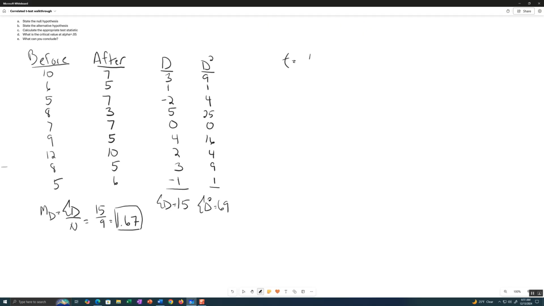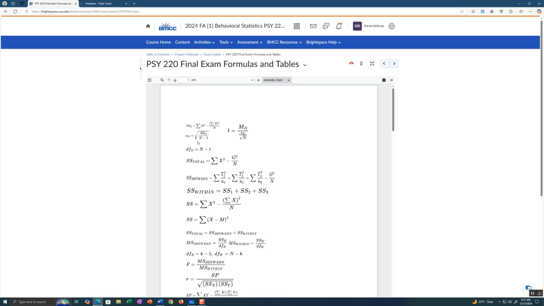So t is the mean of d over the standard deviation of d divided by the square root of n. So I have the mean of d. I need the standard deviation of d. The standard deviation of d is calculated using the other formula that I have here for you. The sum of squares of d over n minus 1, square root.